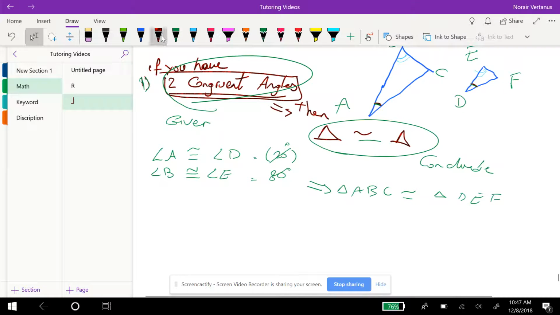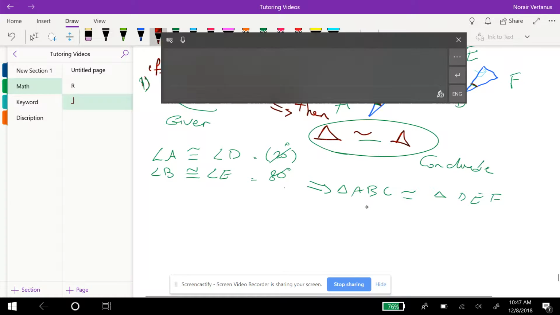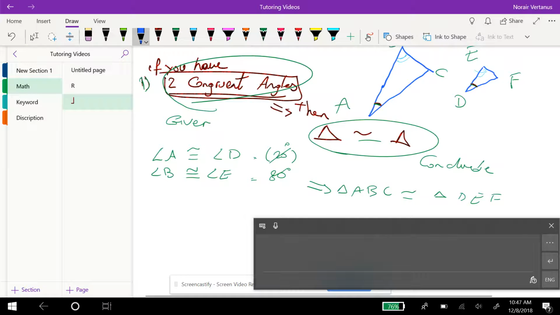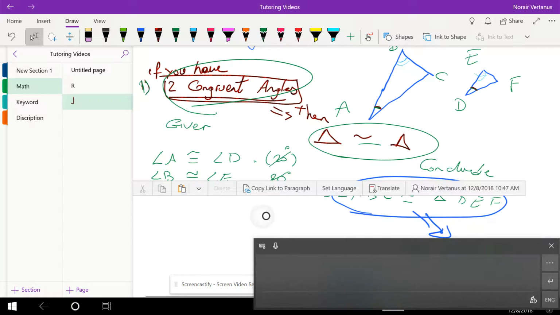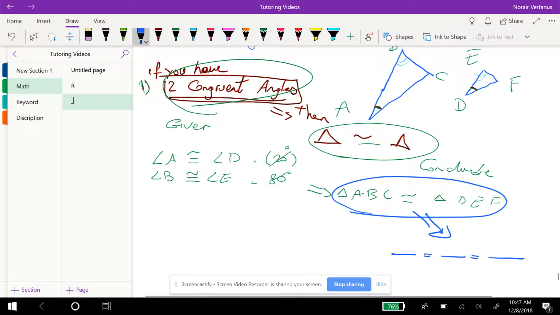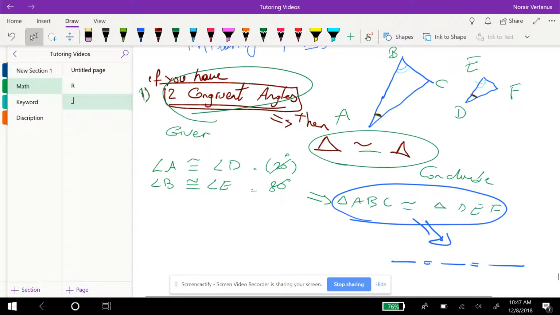When you have this similarity, you can write this proportionality. That's what you can conclude from here now. From this, you also can conclude something else. You can write proportionality. Now, if we know these two triangles are similar, I can write AB, that segment, to the corresponding one.